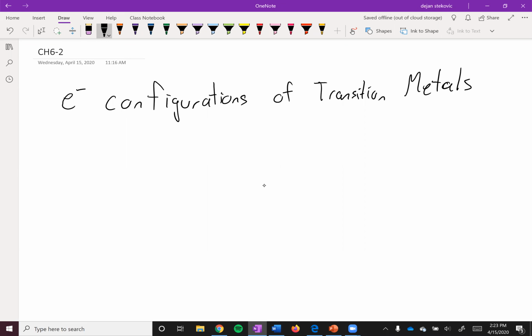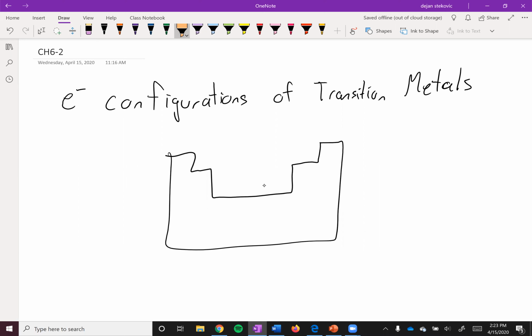All right, so next up, we're going to take a look at the electron configurations of transition metals. So let's draw our diagram of a periodic table again. And remember, we call this the S block over here. This is the P block, with helium being part of the S block, just kind of weird.